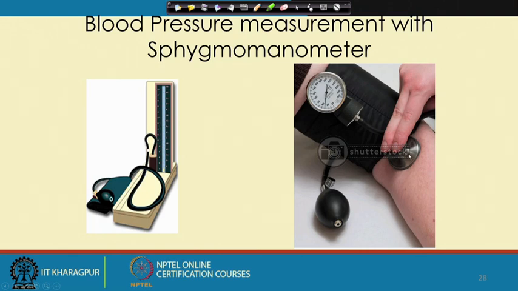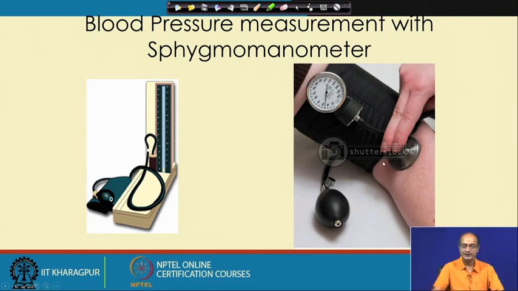So, the first observation that the nurse or the doctor would make is that once we put the pressure high, there is no sound because there is no blood flow. When we start releasing the air through this valve, at some point suddenly we can hear some sound, and this sound is called Korotkoff sound.